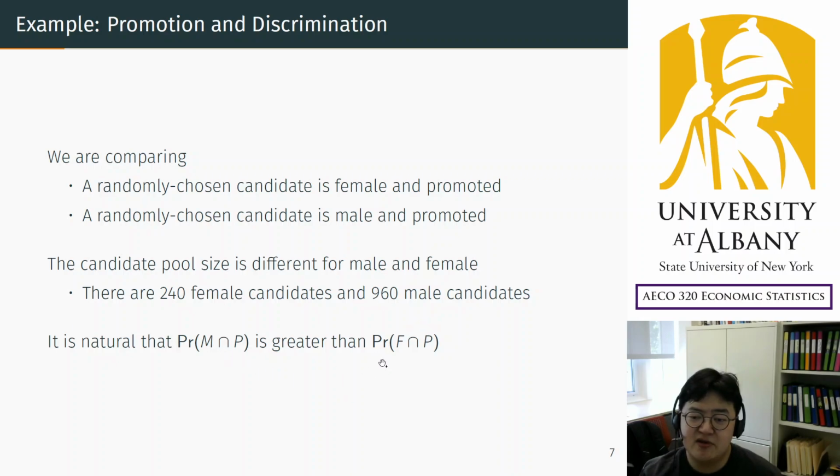So this comparison does not say anything about the promotion decision. It cannot isolate the promotion decision in your comparison.